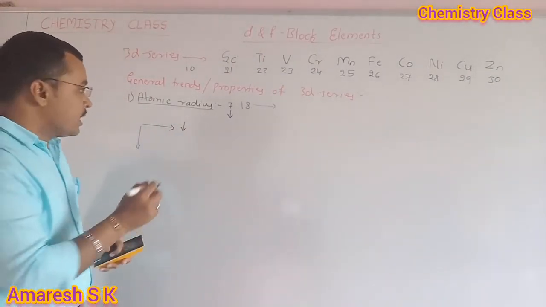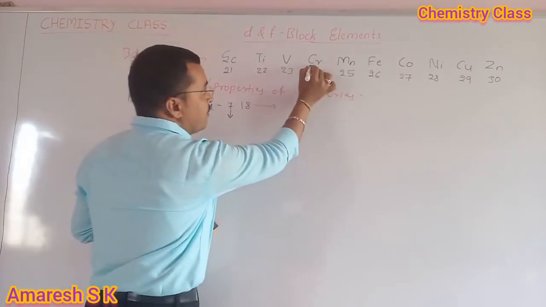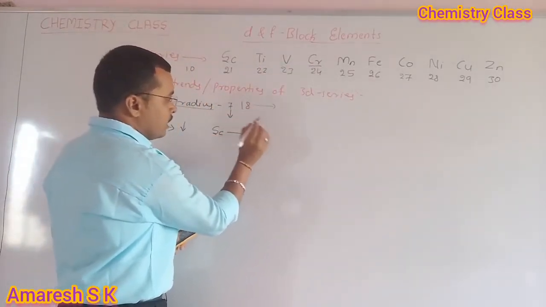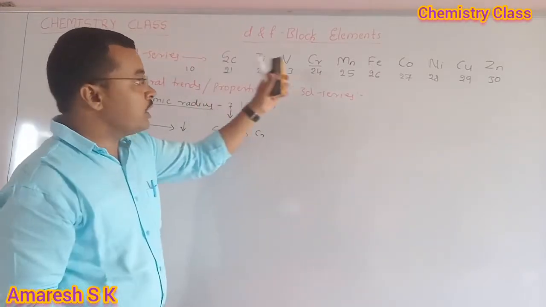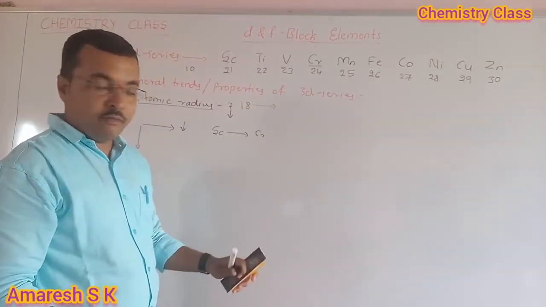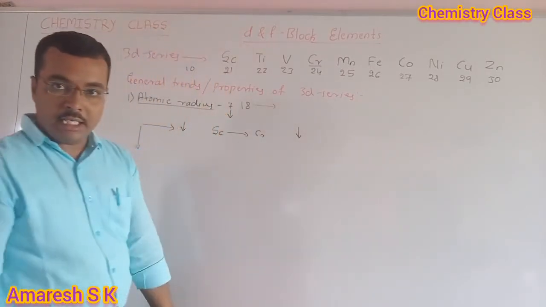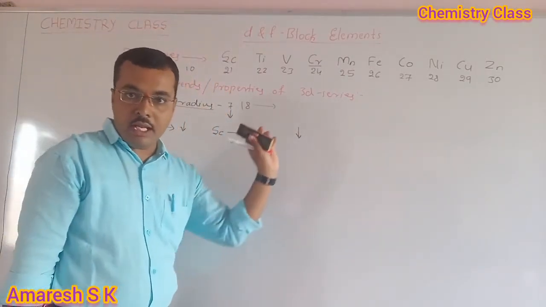Right? Then consider here from scandium to chromium, atomic number 21 to atomic number 24, there will be a decrease in the atomic radius. This is the as usual concept.